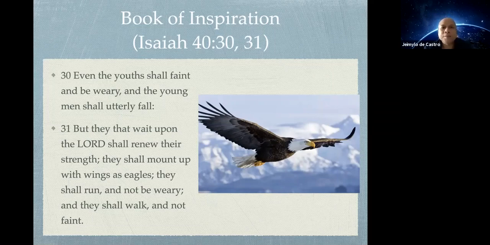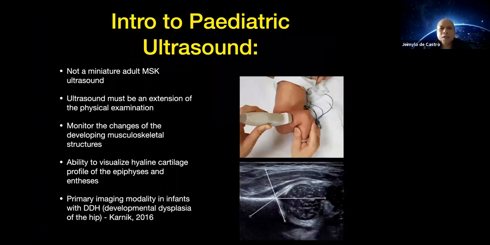So what is ultrasound in pediatric patients? This is not a miniature adult MSK ultrasound. We cannot simply think of this as a pediatric version of the adult MSK ultrasound, because it has its unique features, and it would be very interesting to know that this one could also be a challenging way of diagnosing our patients.